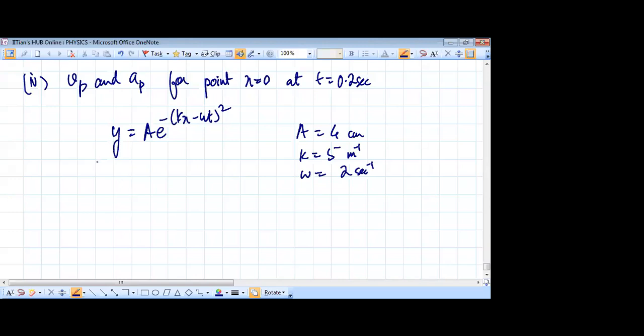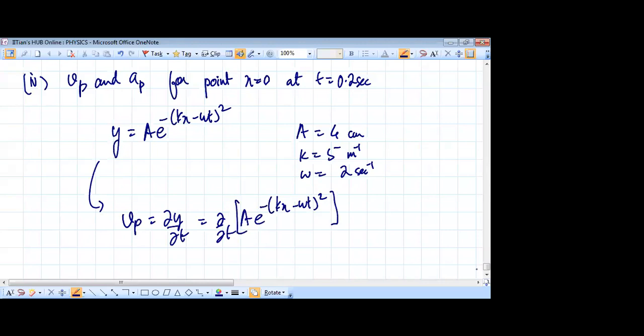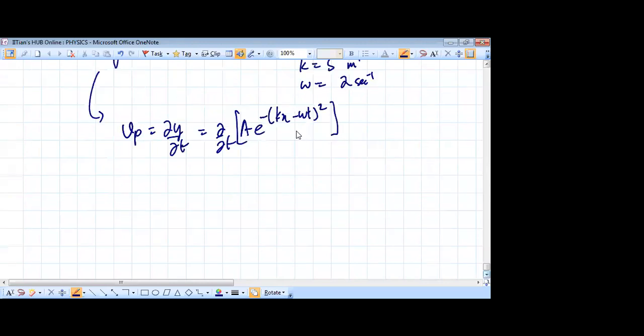That was this function. So the particle velocity, which is del y by del t, is the partial differentiation of this function. Partial differentiation means we will differentiate this with respect to t, treating x like a constant.